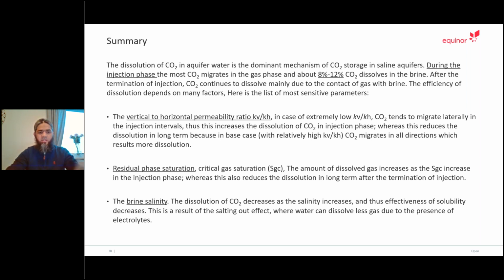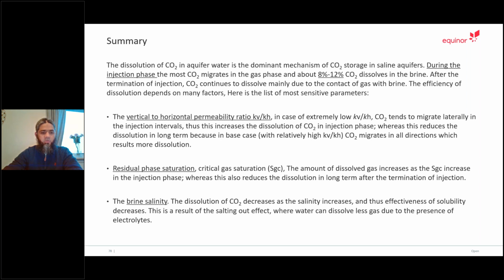We need to look at the grid refinement effect in the closer well region, because in the mutual solubility model you will see water evaporating in the near well region, and that could also affect it. And then there are some others, for example, to see the effect of heterogeneity, and also the effect of hysteresis, to see how all these affect the CO2 dissolution.